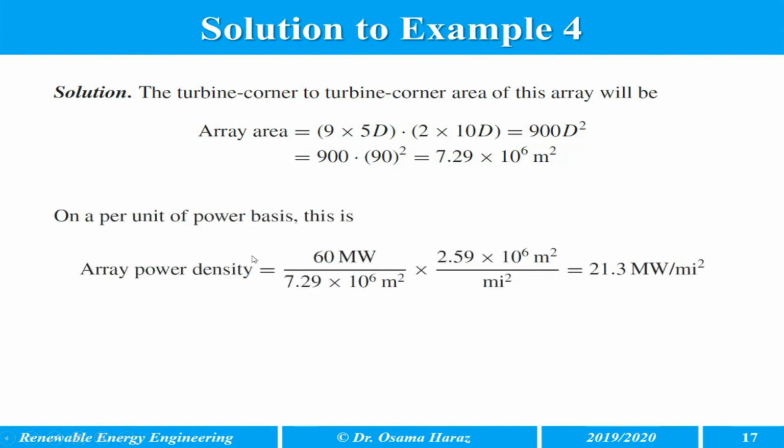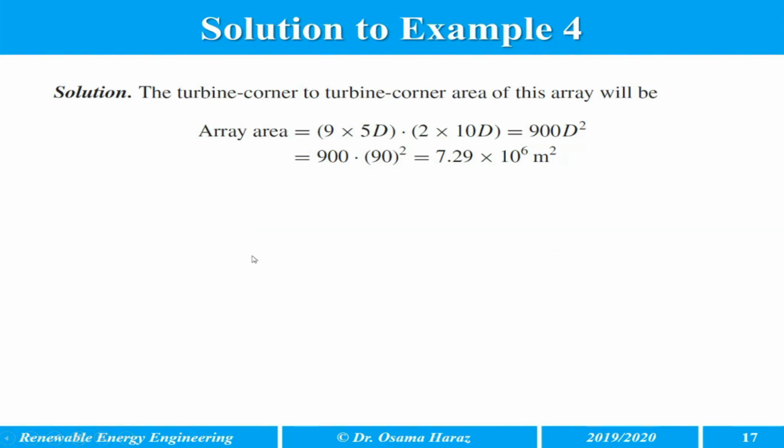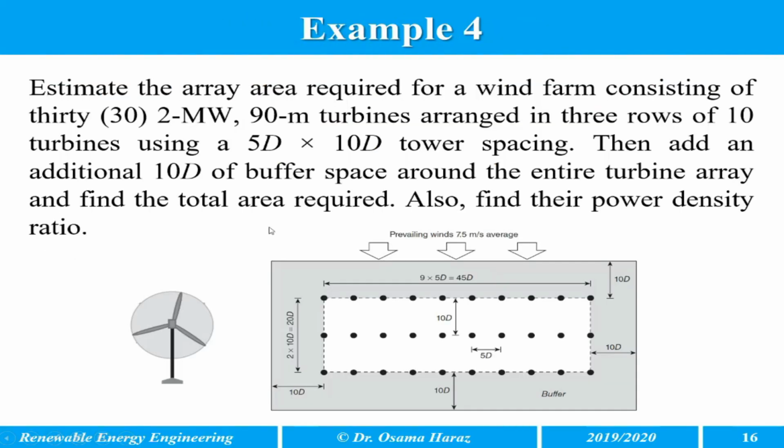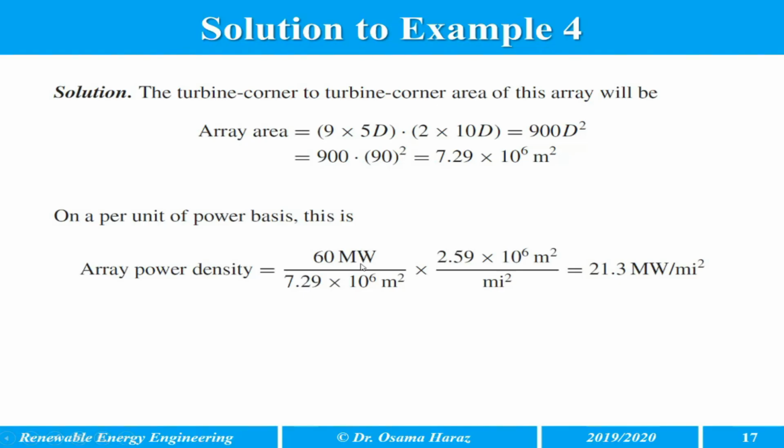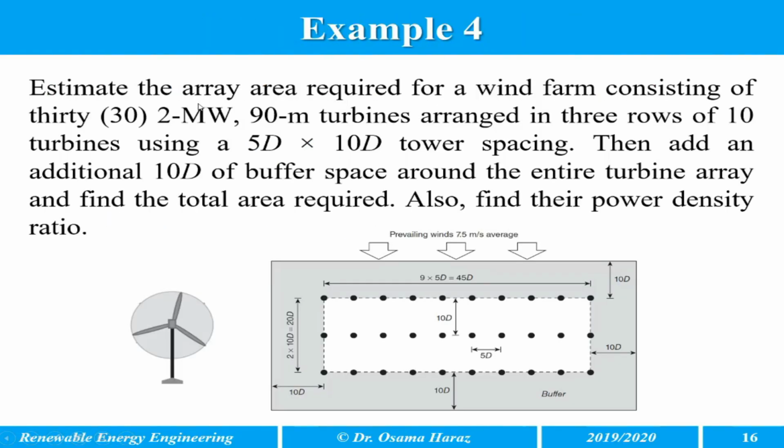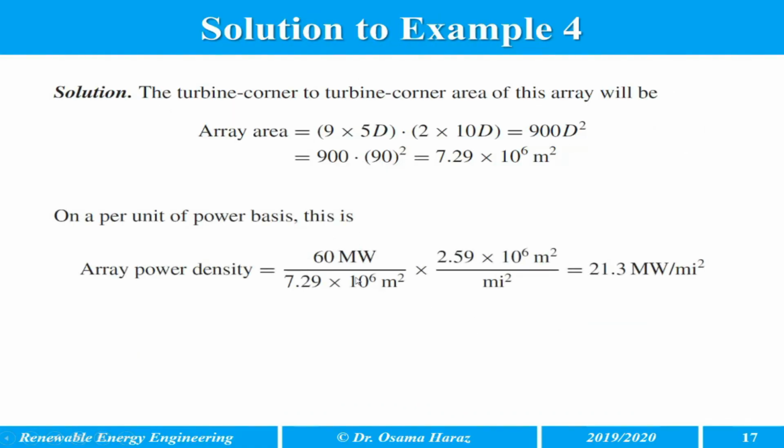Before calculating the total area with buffer zone, we need to calculate the power density ratio. The power density ratio will be the rated power, which is 30 times 2, so 60 megawatt for the total wind farm. 60 megawatt divided by the area gives you the power density ratio.